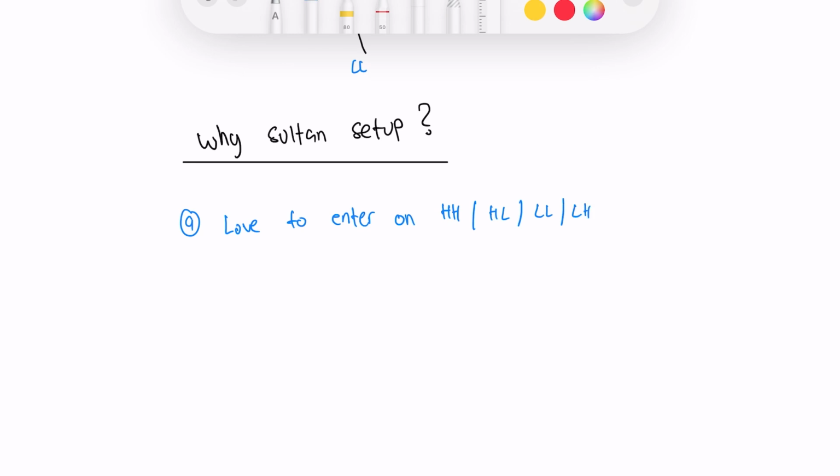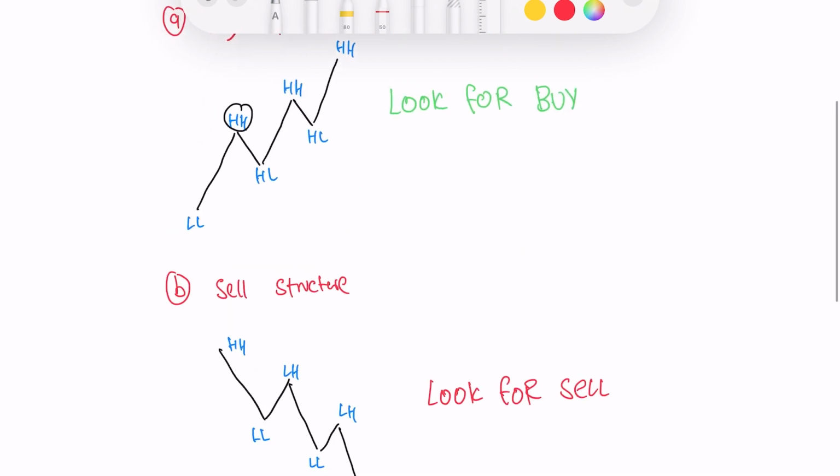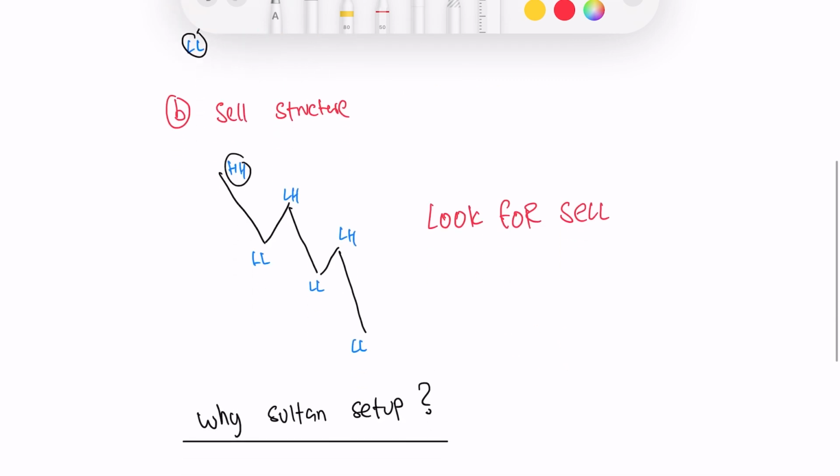Meaning, people love to enter dekat sini. They love to enter dekat here, here, here, here, here, here. Or here, here, here, here, here, here.